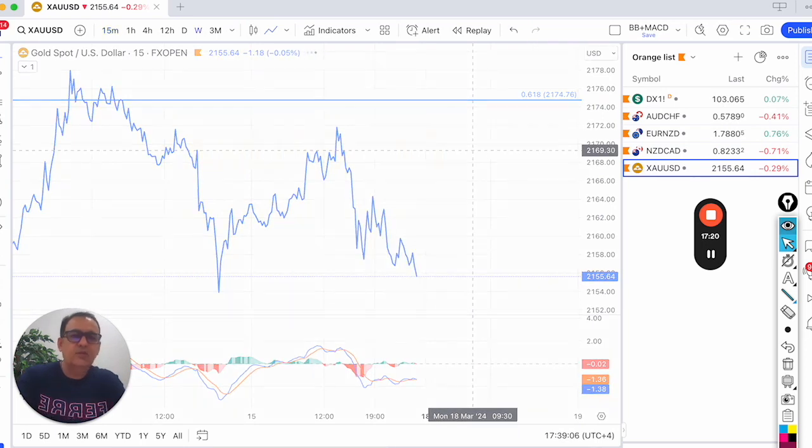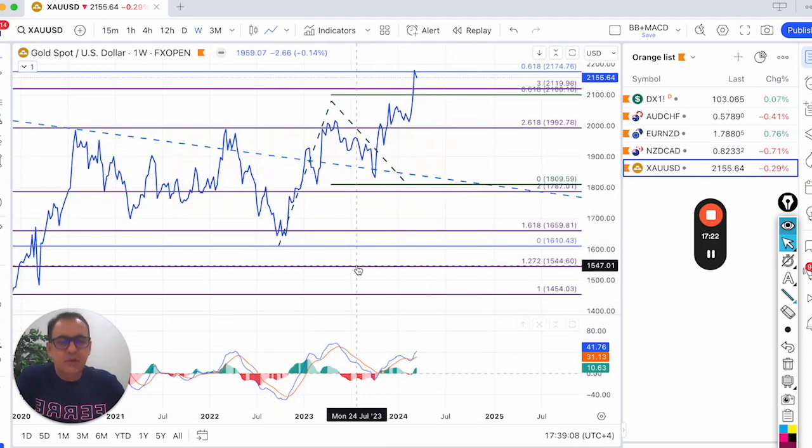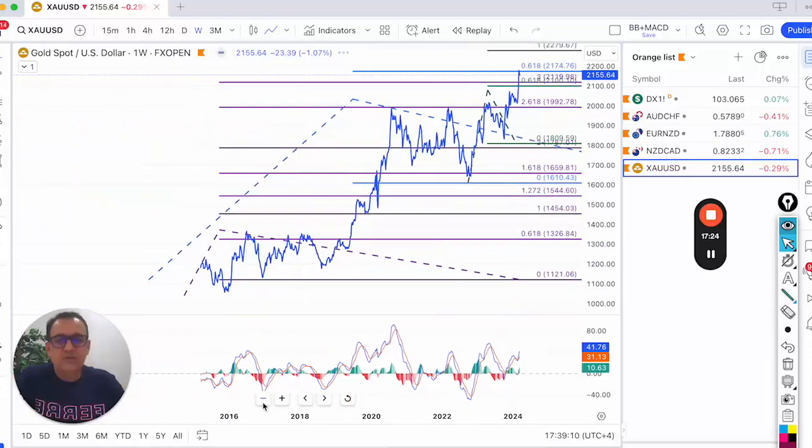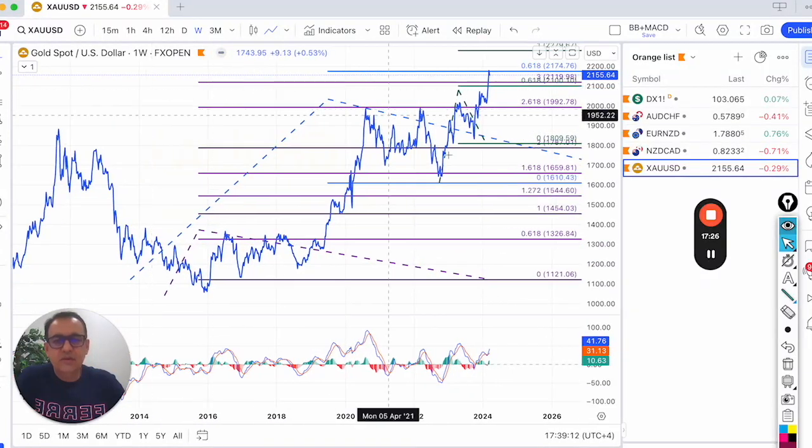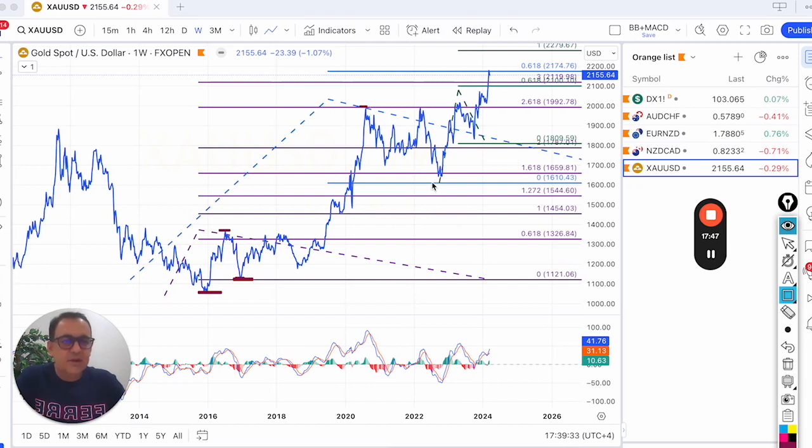Now I'm moving back to weekly time frame, and I have applied Fibonacci extension on multiple bullish cycles here. So the first Fib extension has been applied on 2015 or 16 low to the first high being formed and first higher low. Then second Fib extension is applied on the first high low formed, higher high formed, and next high low formed.